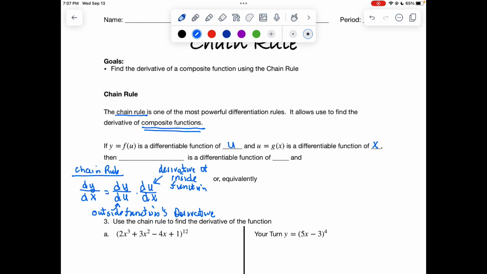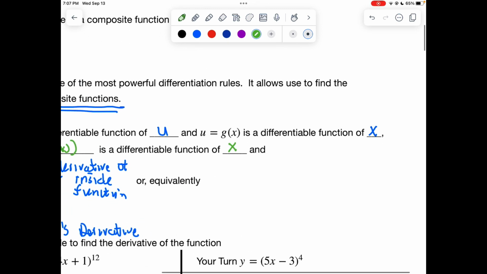Now, if we use function notation that you learned in college algebra, we could rewrite y as y is equal to f of g of x. Remember, that was our composite notation used in college algebra. And if this is all differentiable with respect to x, we could also rewrite the chain rule using calculus notation.